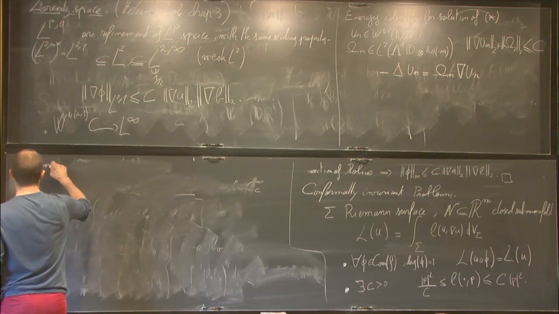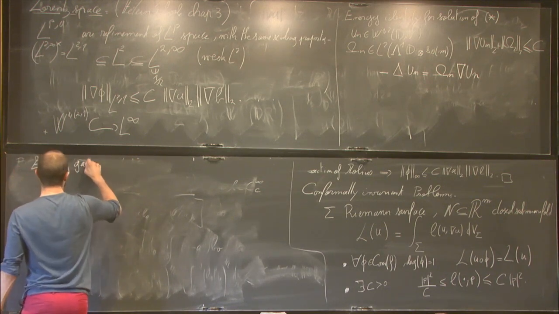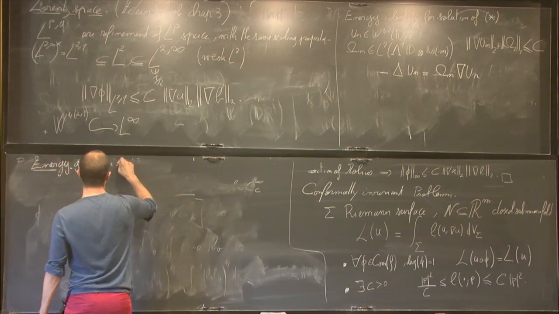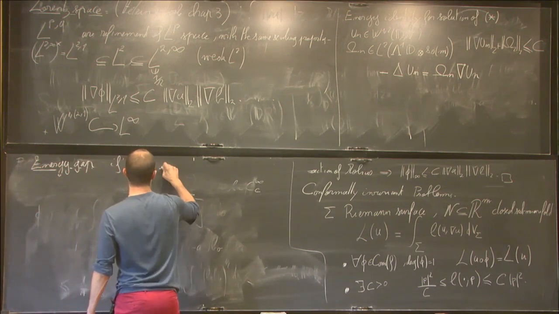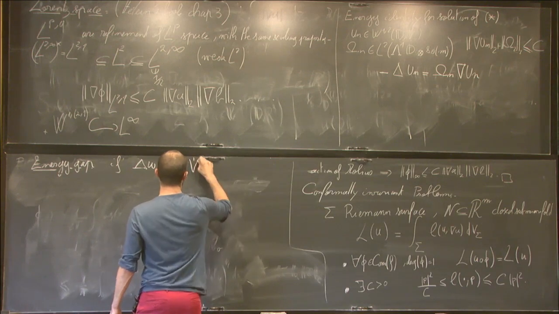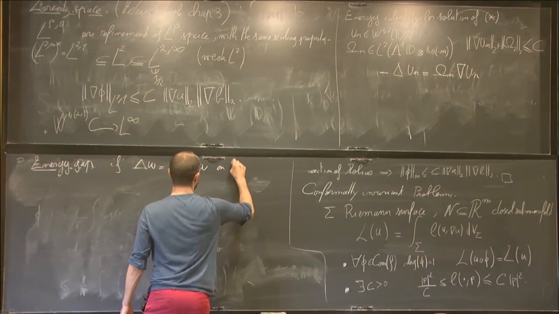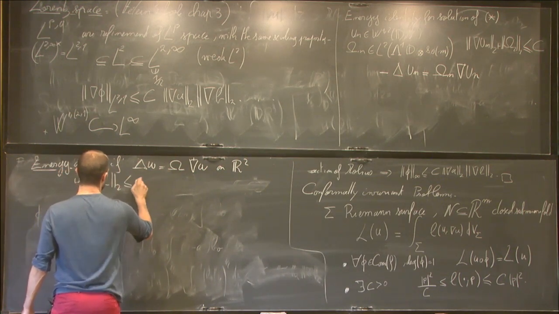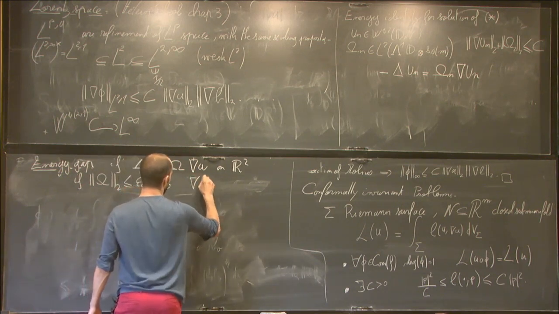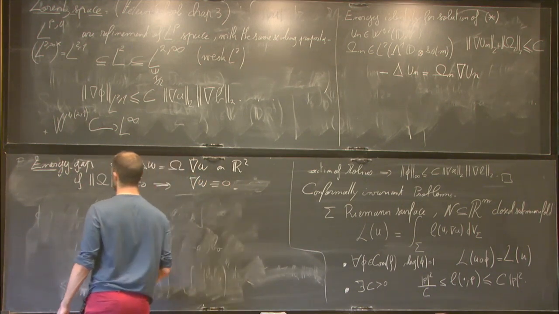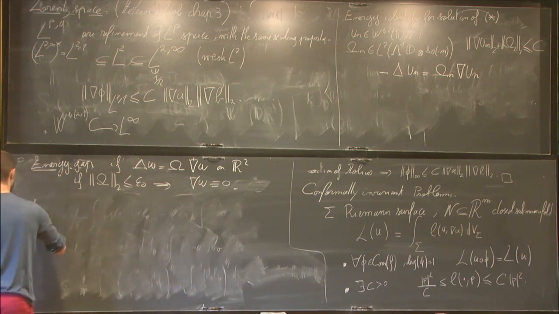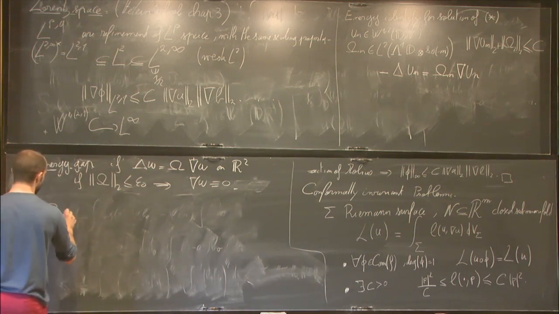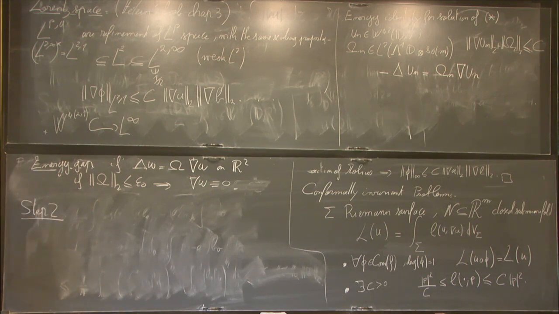So the energy gap is: if you have a bubble, a limit solution of the limit equation on R2, and if big omega is smaller than epsilon 0, then it forces nabla omega to be trivial. So one consequence of step 1 of the epsilon regularity is that you have a finite number of points of concentration, because if you concentrate, you need to be above epsilon 0, else you have strong convergence.